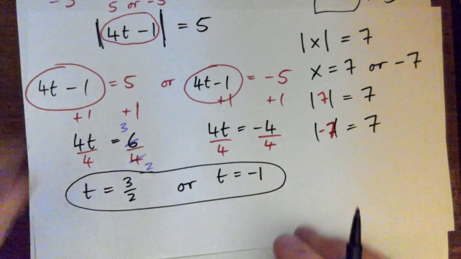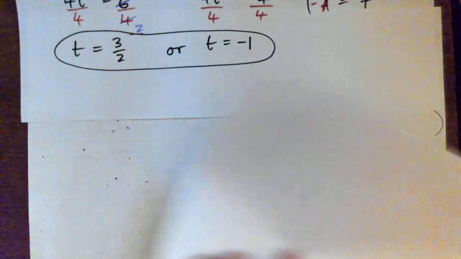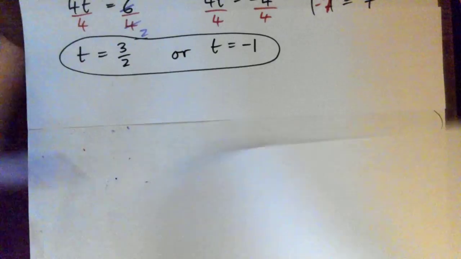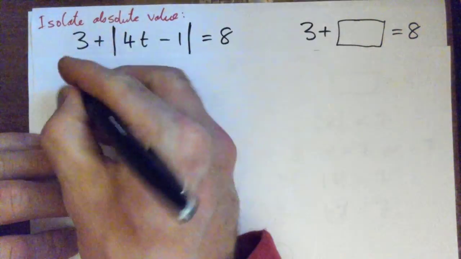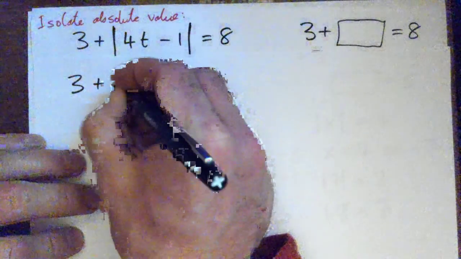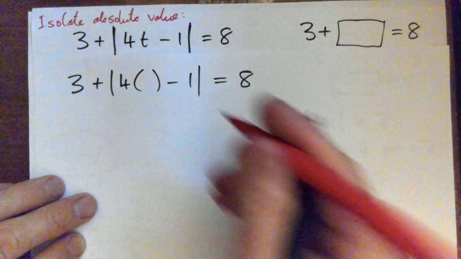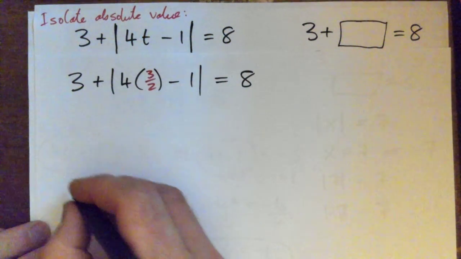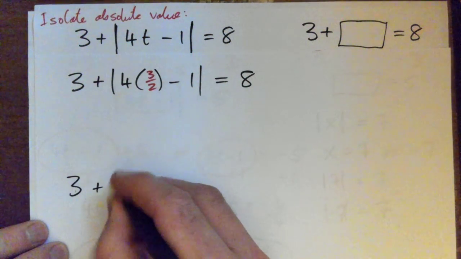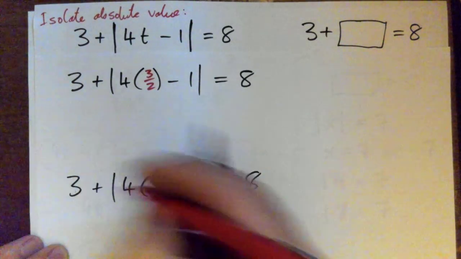And now watch as I plug both of them back into the equation. If you're taking a test, this is what you ought to do: check your answer. This is called checking your answer. Plug into the original equation. So 3 over 2, plug that in and see what happens, and the other one was negative 1, isn't that right?